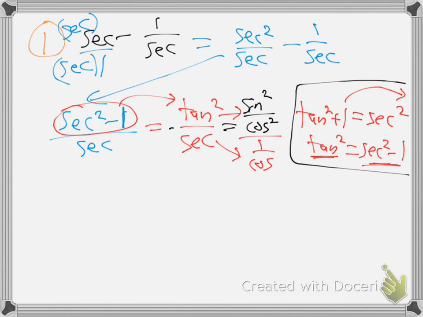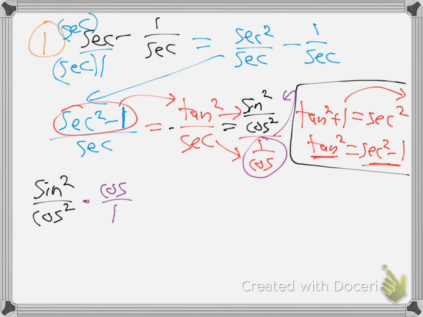We grabbed the thing on the bottom and flip it up because dividing is upside down multiplying. And we said sine squared over cosine squared times cosine over 1.